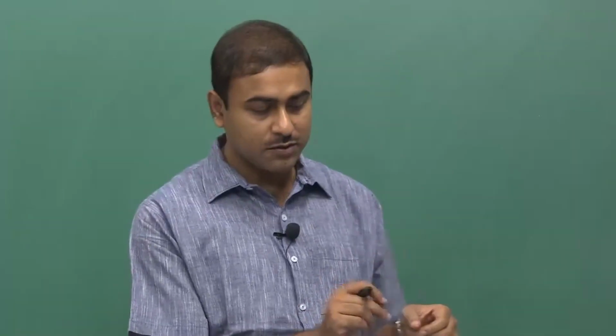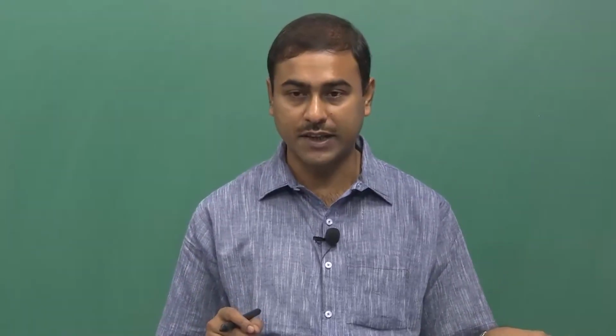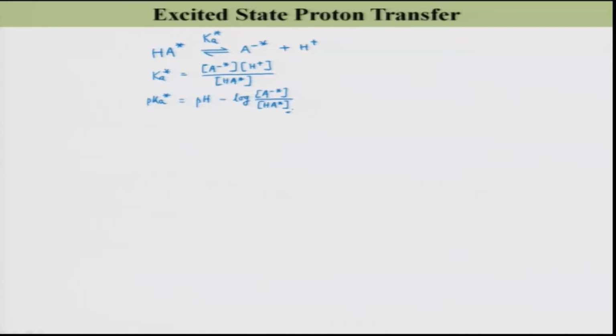However, we can do another simpler thing to get this value of pK star, which is being done or followed universally. For example, I may now draw this excited state proton transfer by such a kind of diagram. Let us see this one.